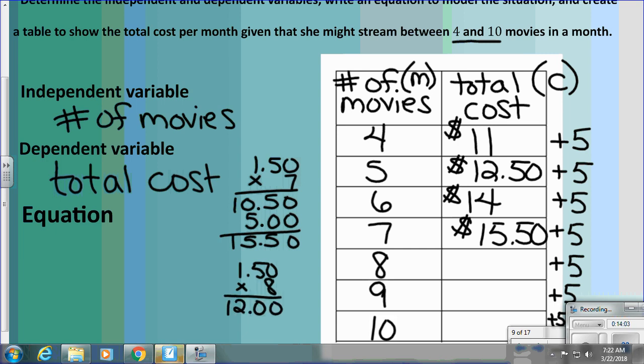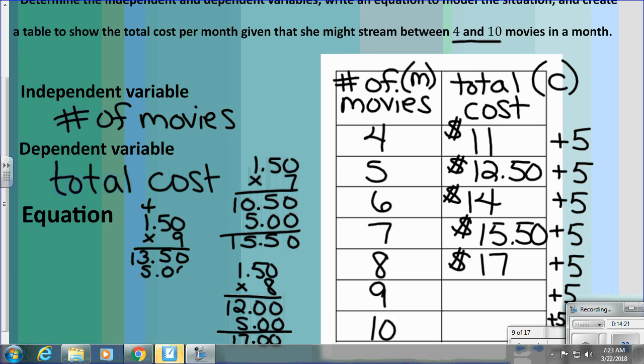$1.50 times 8 would be $12 plus the $5 would be $17. $1.50 times 9 would be $13.50 plus the 5 would be $18.50.